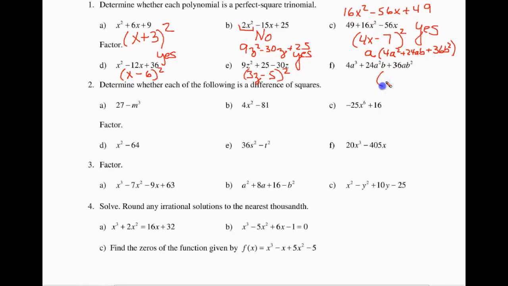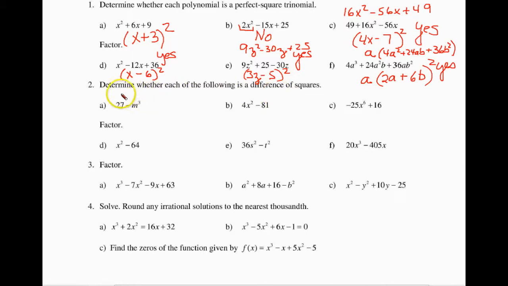So let's try it. Now the a would still go out there. Square root of this is 2a plus in the middle, and this is going to be 6b. And then 2 times 6 is 12, double it, 24. So this is a yes. Okay.